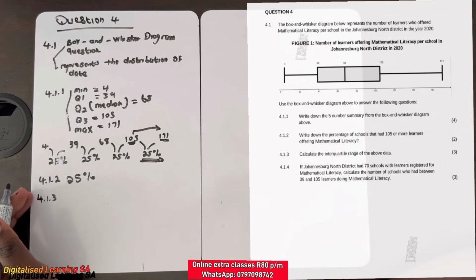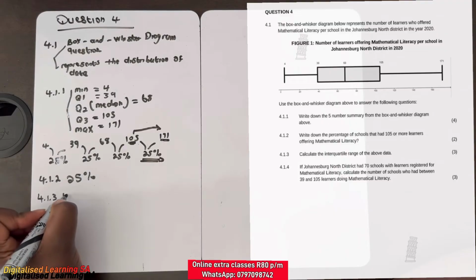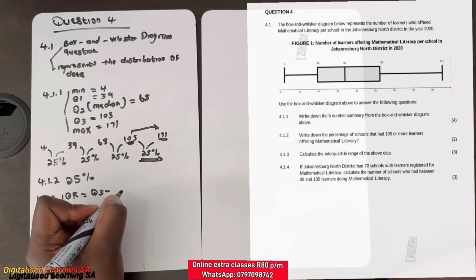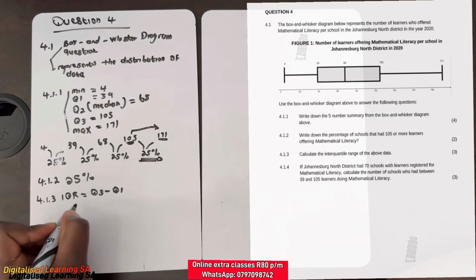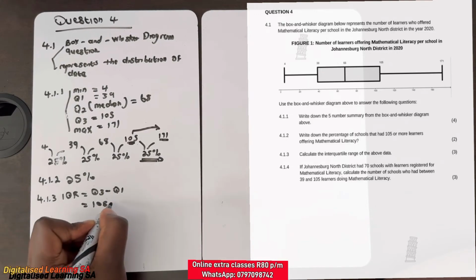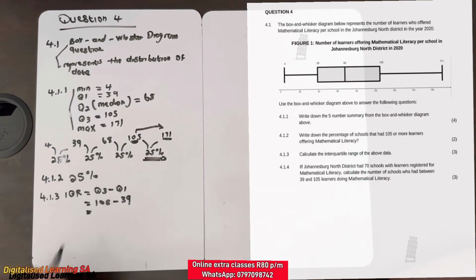4.1.3 says calculate the interquartile range of the above data. To calculate the interquartile range, we use the formula Q3 minus Q1. We know that Q3 is 105 and Q1 is 39. Let's quickly plug that in our calculator.